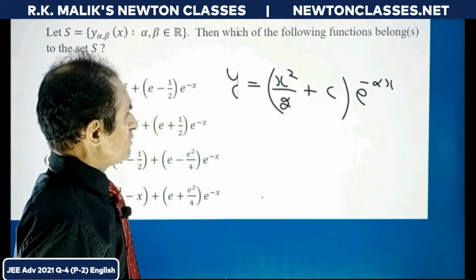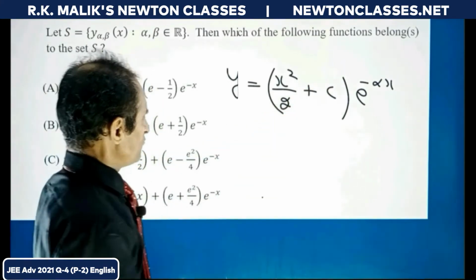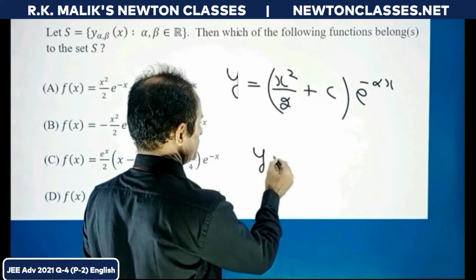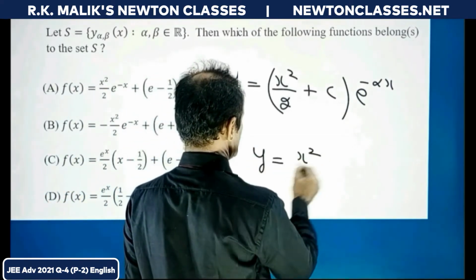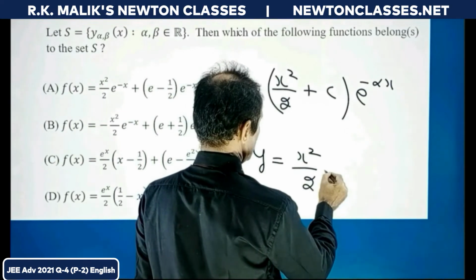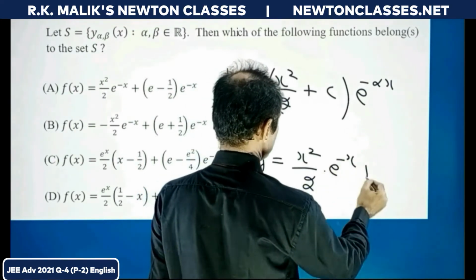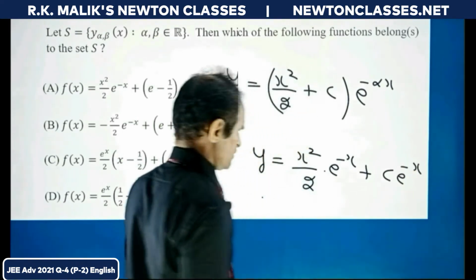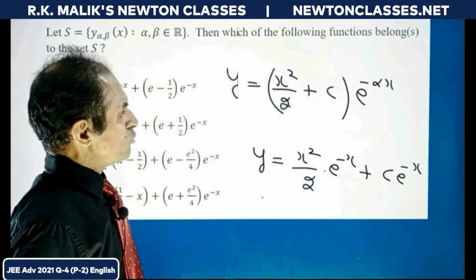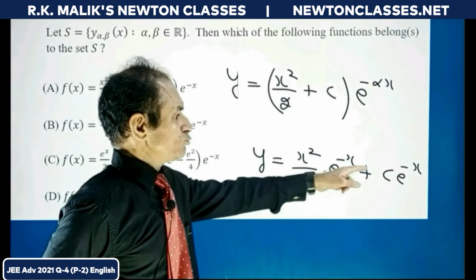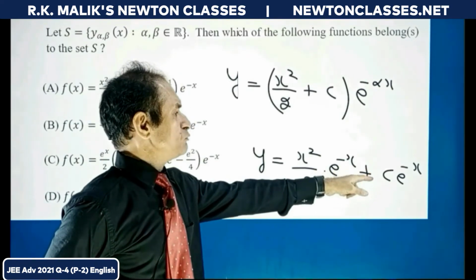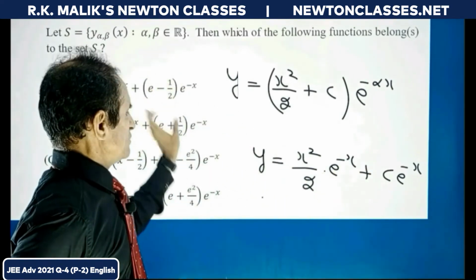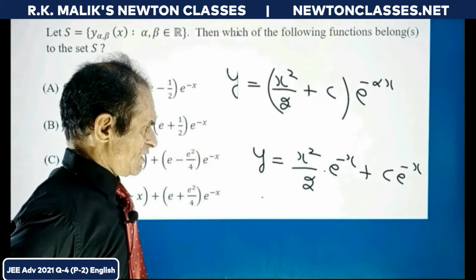If alpha is 1, then you will get y is equal to x square by 2 into e to power minus x plus c e to power minus x. And now we will find the value of c, and if the value of c comes to be this, then I will say this is the correct answer.